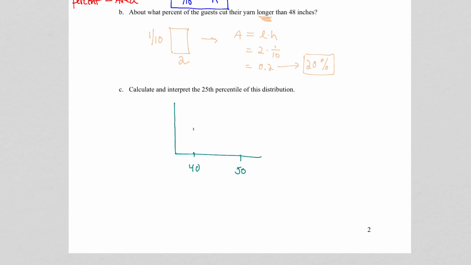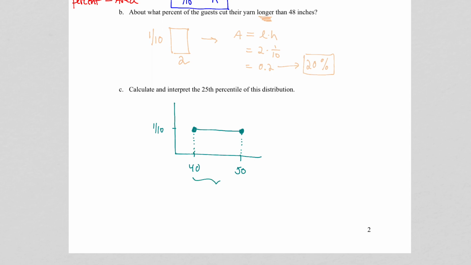It was uniform. So that generally is what the distribution is going to look like. And we can envision this as being a rectangle. We know the height is 1/10. So calculate and interpret the 25th percentile of this distribution.